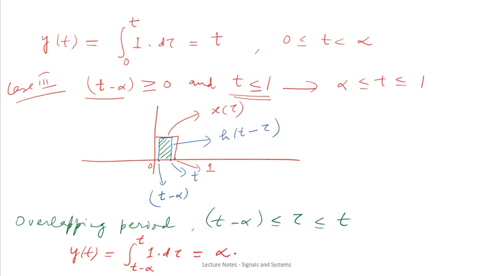So that will be equal to alpha, where t is in between alpha and 1.